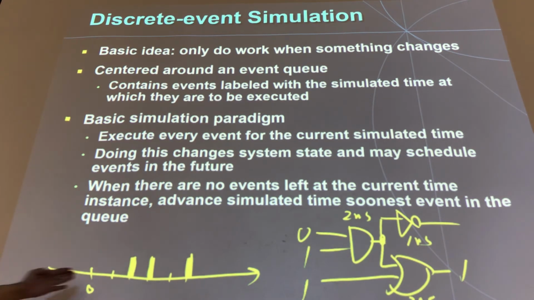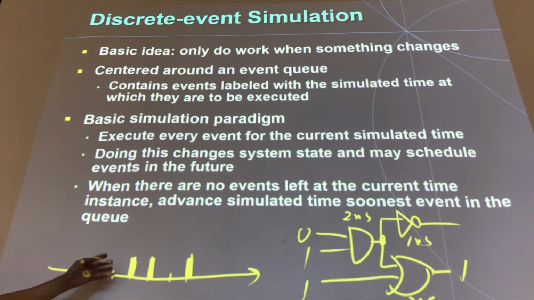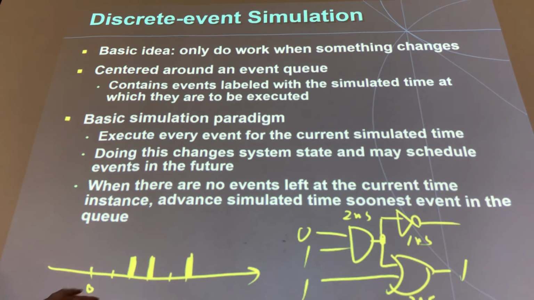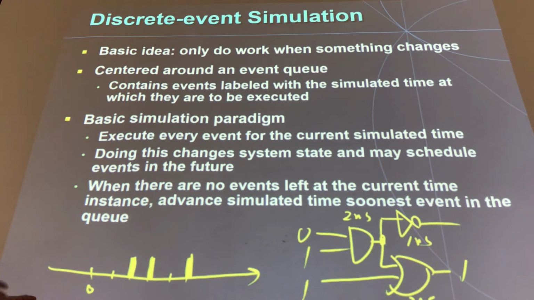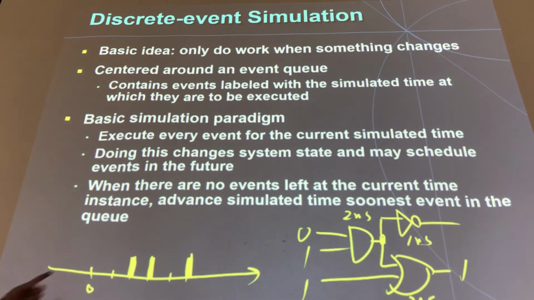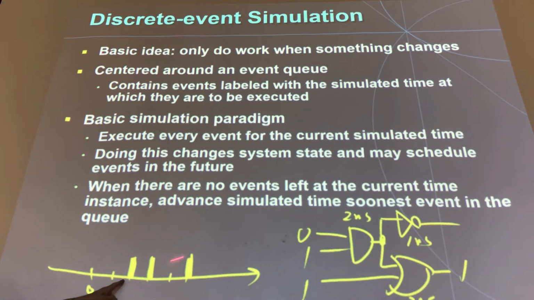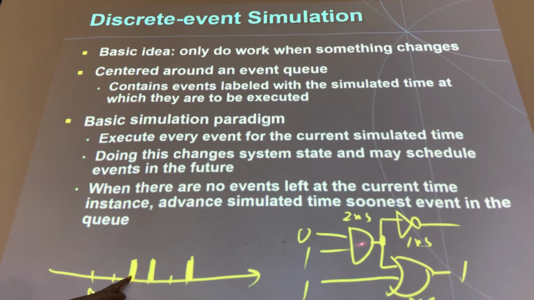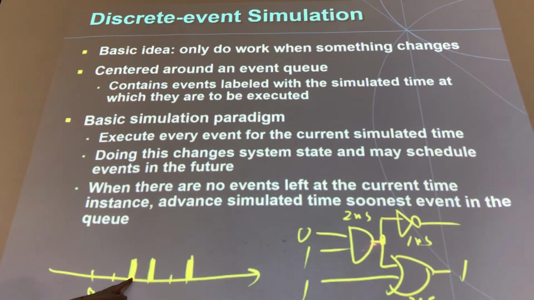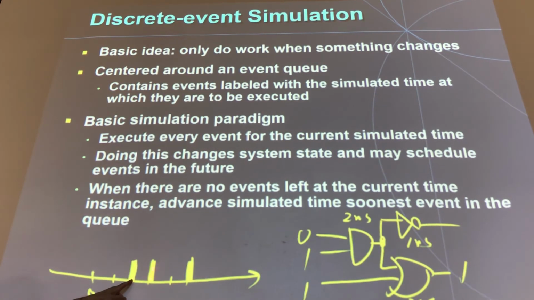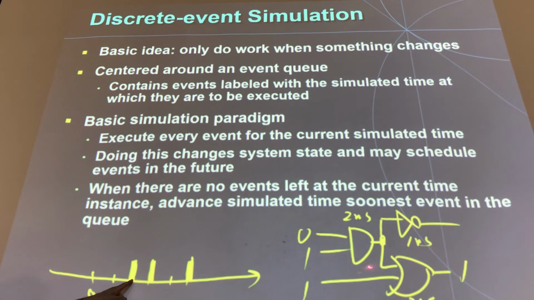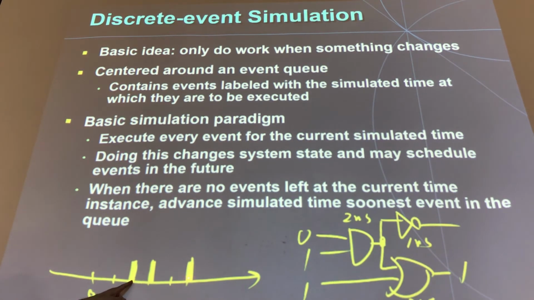At the same point in time, there could be more than one event at the same time. Then you have to do the simulation for all of them, and that can produce another event. So for example, after this event for the AND gate is done, it's going to trigger the inverter event and the OR gate event.